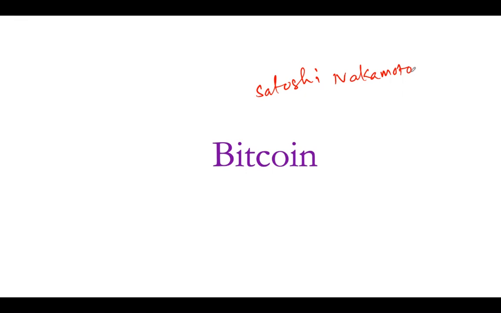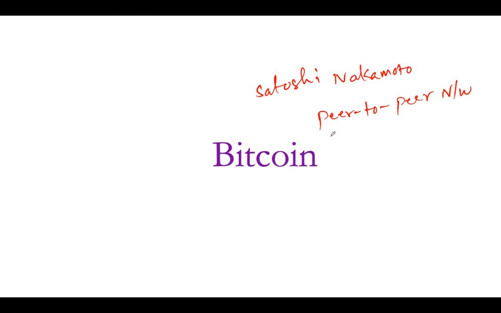The first key idea introduced in the paper was that it is purely a peer-to-peer electronic cash network that does not need an intermediary bank to transfer payments between these peers.